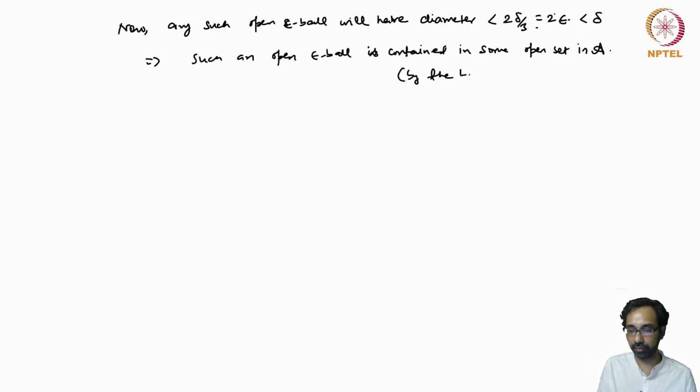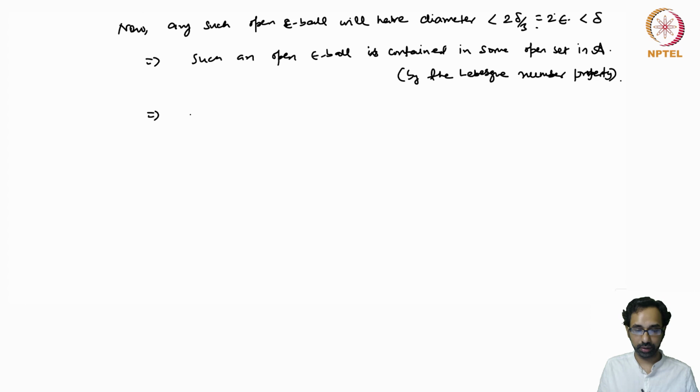By the Lebesgue number property, every set of diameter less than delta will be contained in an open set from the collection of sets in the open cover.